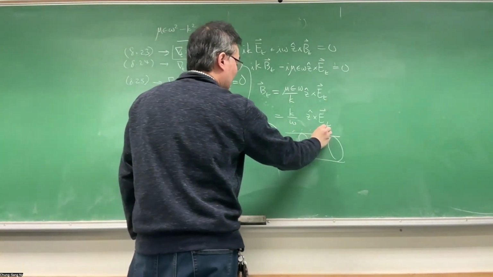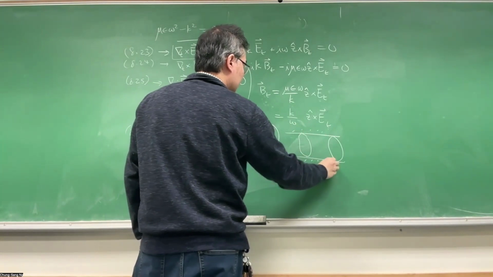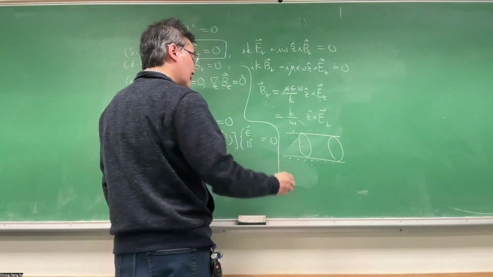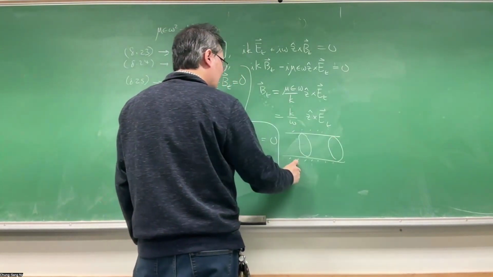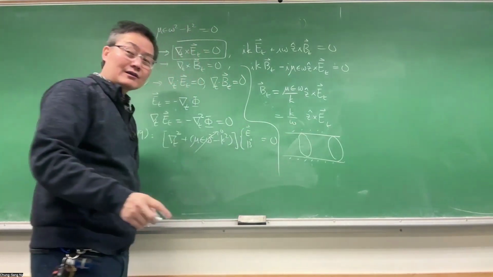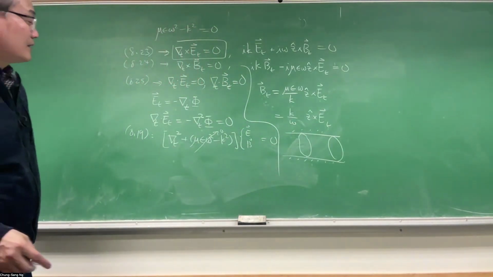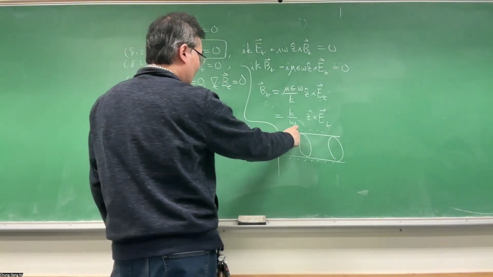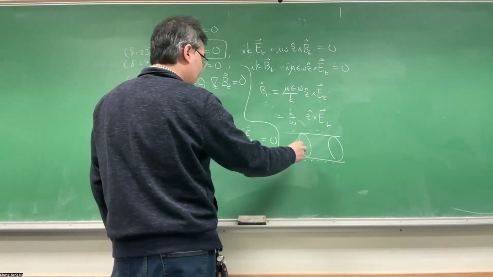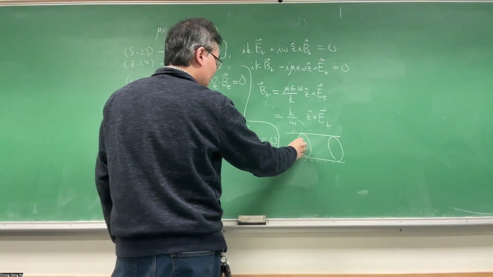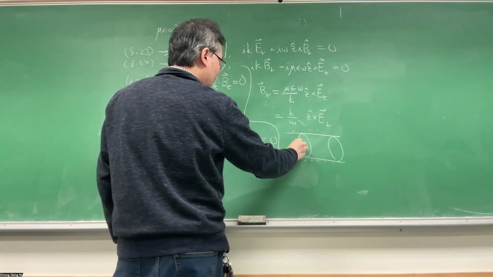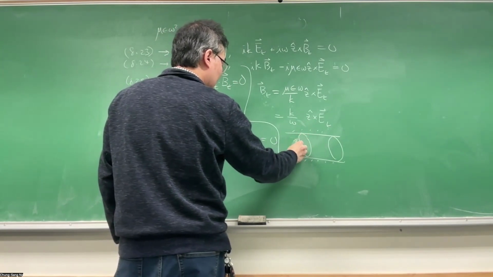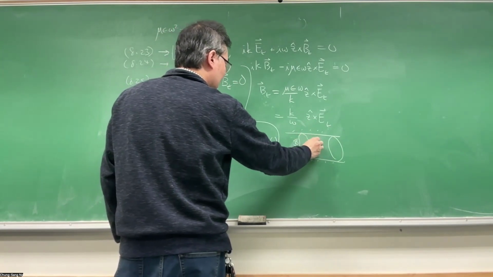Assume a perfect conductor outside. So the potential on the perfect conductor wall, you can set to 0 also.